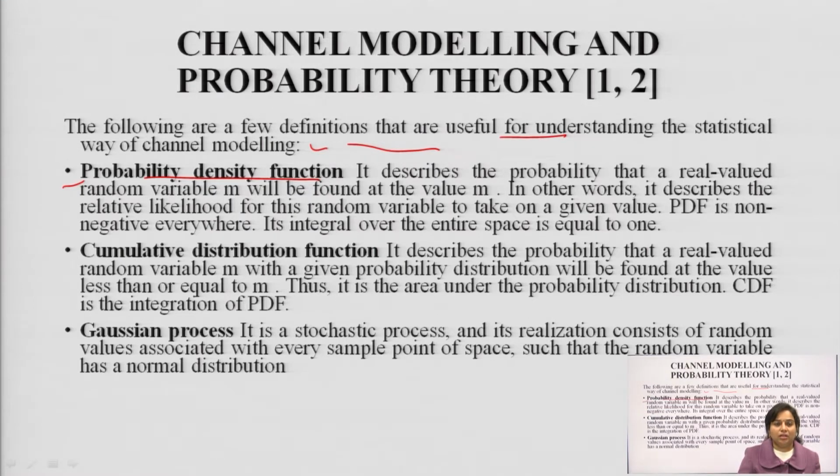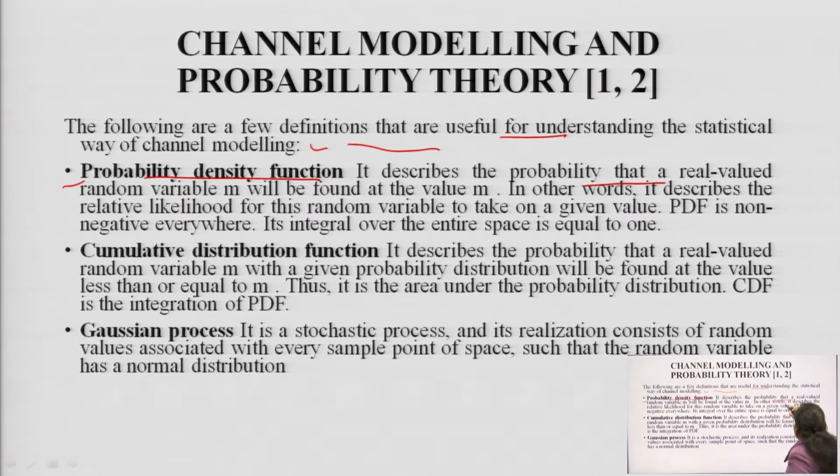It is specified for each distribution: the Rayleigh channel has its own PDF, the Rician channel has its own PDF, and the Gaussian function has its own PDF, which is fixed in nature. You just have to apply the input, which is variable. Every time you apply an input, it is not possible that the same input will be there, but the channel will be the same. It has a fixed PDF, and then the output can be calculated.